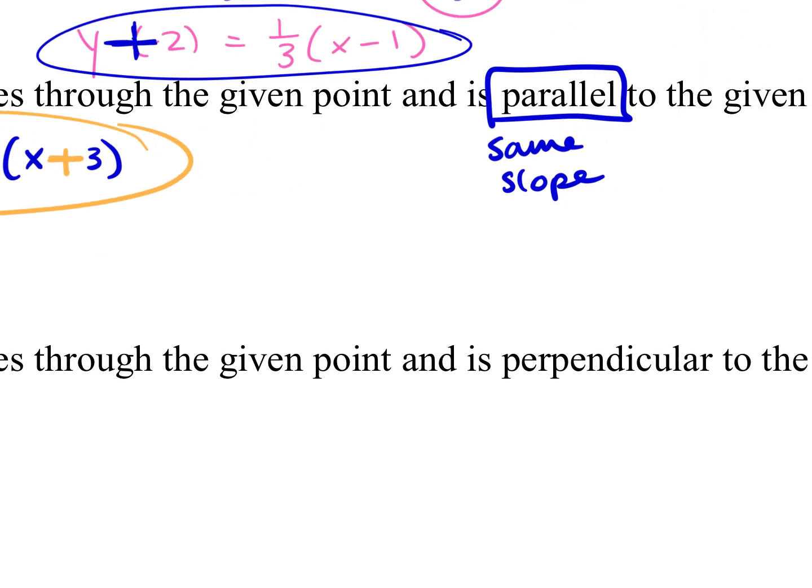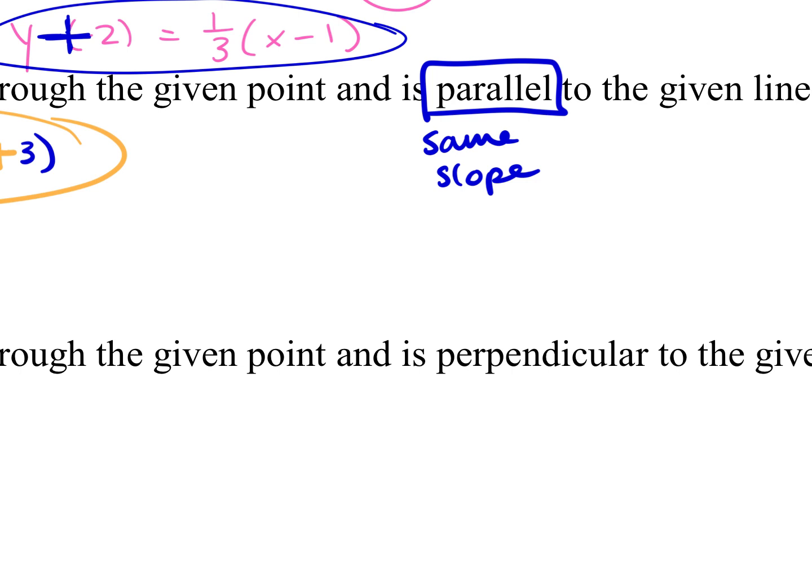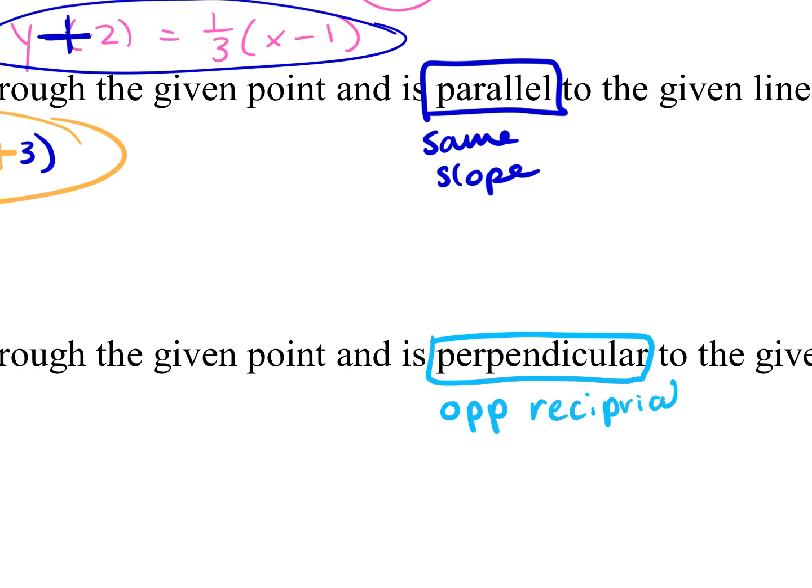All right, for the next one, what do I know about the slope if it is perpendicular? Opposite reciprocals. So opposite meaning if one's positive, then the other one's going to be negative, and reciprocal means that it's the flip of it.